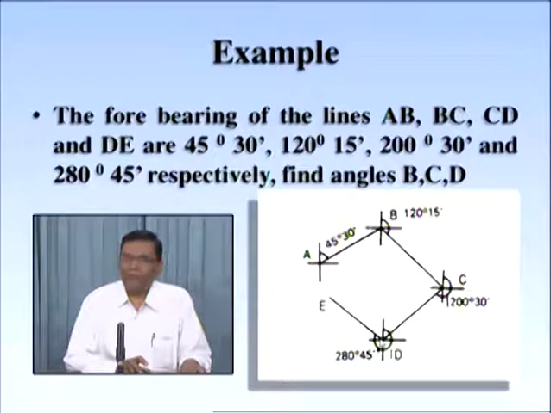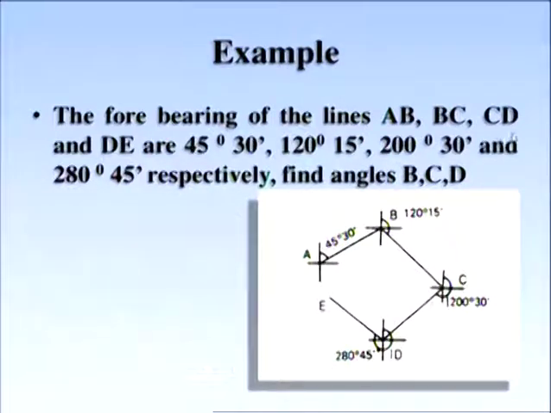Now again mark the point D on paper, and again draw a north line, north, south, east and west. Then mark the line DE. DE is 280 degree 45 minute, so here you understand that this is in the fourth quadrant.